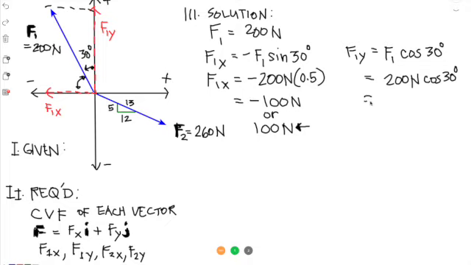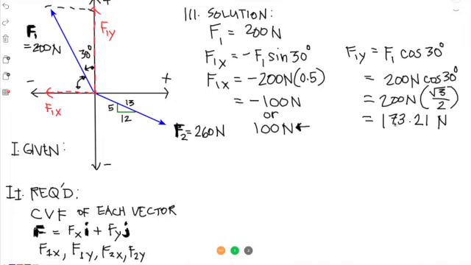So that would be 200 newtons, and please don't forget to include the units in your calculations. Okay, so that would be square root of 3 over 2, and if you plug that in your calculator, that would be approximately 173.205, or I will round it off as 173.21 newtons.